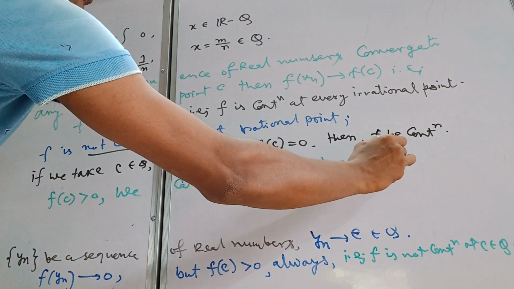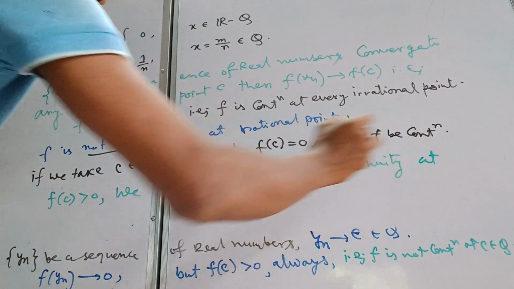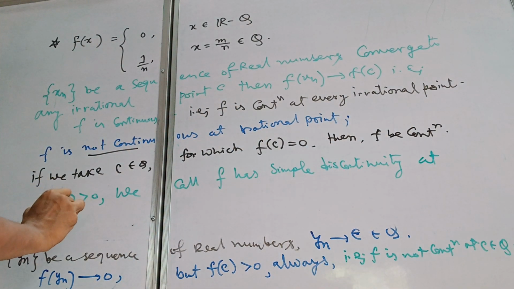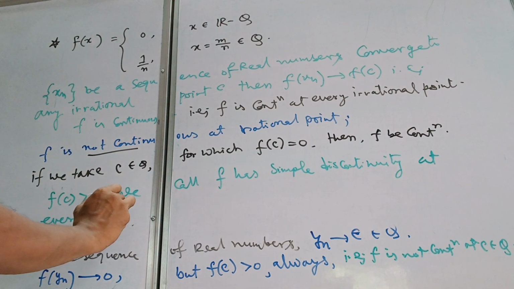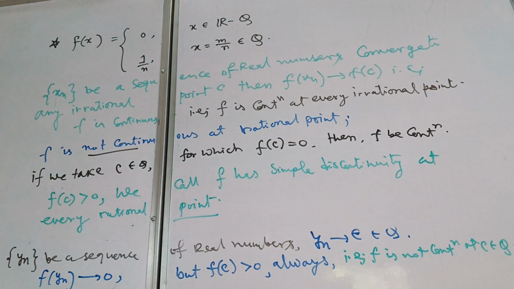That means if we just remove the point value of the function, then we also remove this discontinuity. So we call it simple discontinuity at every rational point, not a problem at all.